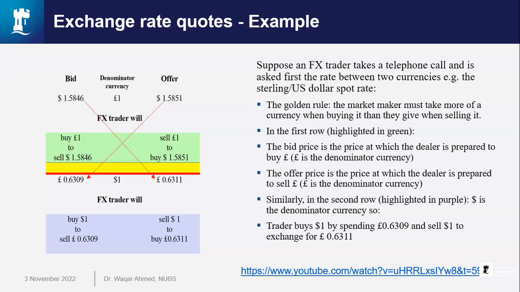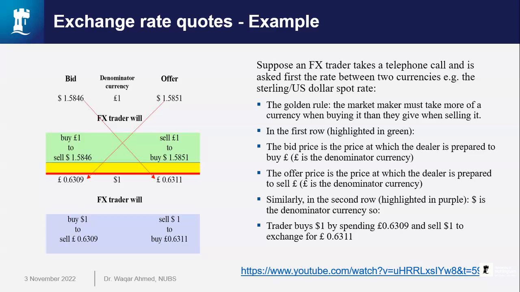The bid price is the price at which the dealer is prepared to buy British pounds, and we know that here in this example, pound is the denominator currency. And then the offer price is the price at which the dealer will sell British pounds.